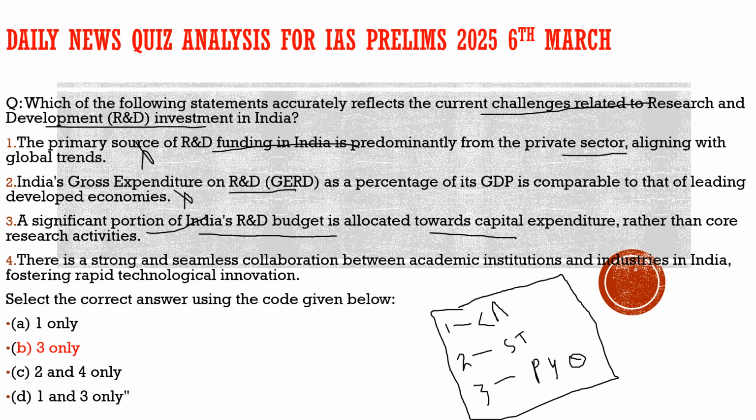Fourth statement, there is a strong and seamless collaboration between academic institutions and industries in India, fostering rapid technological innovation. That is totally incorrect. Even though we are trying to improve in it, it has not reached that level where we can mark it correct. So the fourth statement is also incorrect. With respect to this question, the correct statement would be statement 3 only, and the correct option from the options given below would be option B.